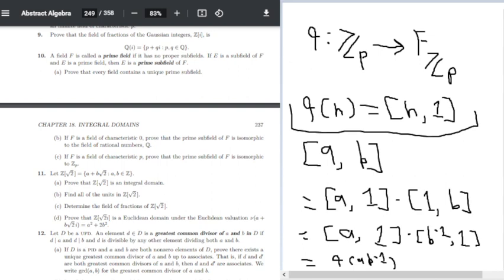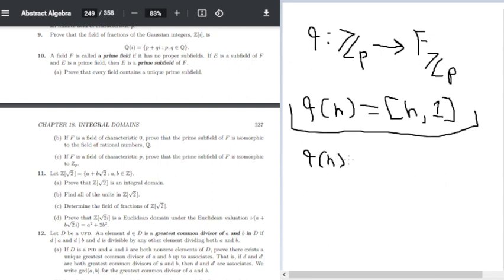So suppose that phi of n is equal to phi of m. Then n1 is equal to m1, which implies that n is equal to m. Oh, so it's always injective in a field, it looks like.